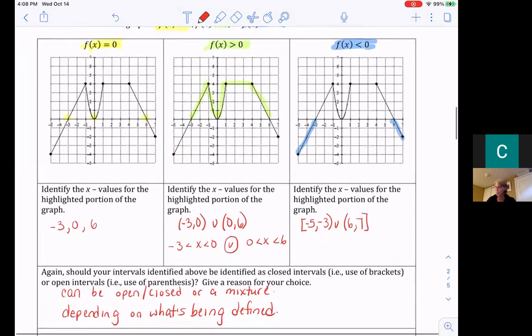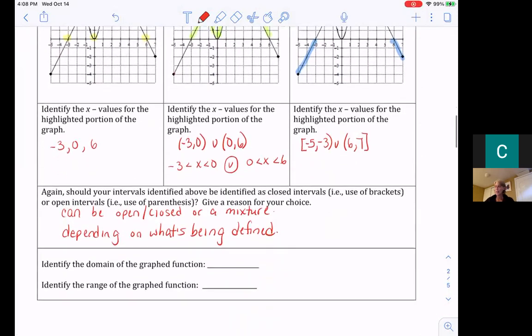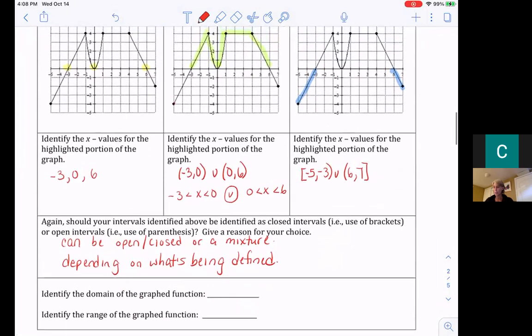And the last part of this example, we want to identify the domain of the graphed function. So our domain is going to be all of the x values that are being used. If we look along the x-axis, the lowest x value I can use is -5. And since that's a closed circle, we get an answer for -5. And we go all the way up to 7.